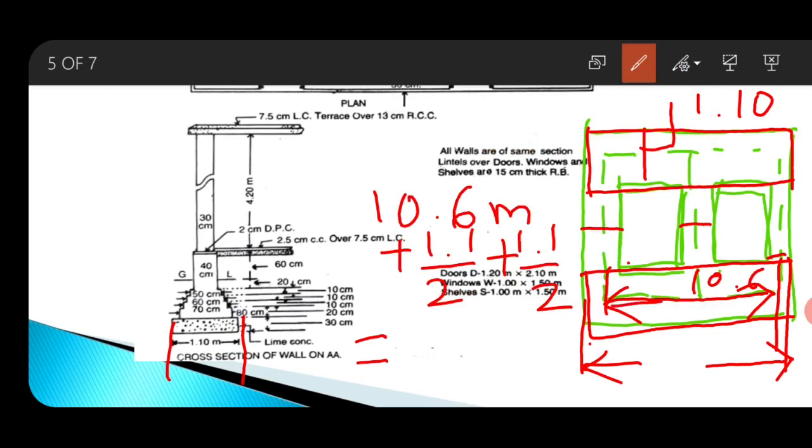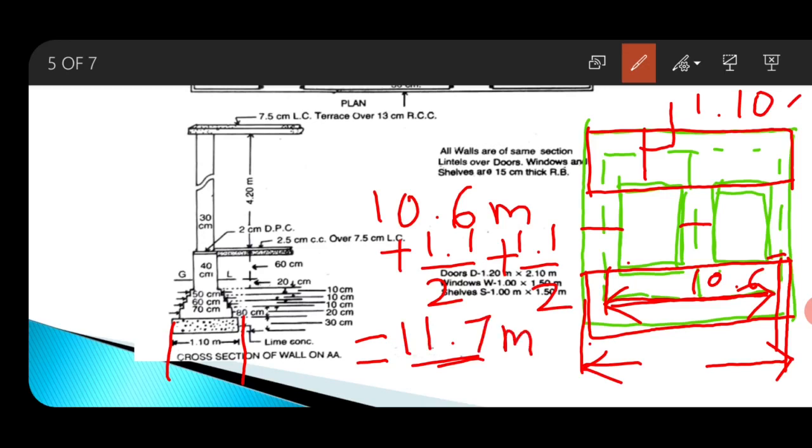That means 10.6 is the center to center length, and with that we will add half of the width of the work, and here the work is earthwork in excavation, and the width of earthwork in excavation is equal to the width of the cement concrete work. So that is equal to 1.1. So here we will add half of the width of 1.1 on one side and half of the width of 1.1 on other side, which will give us the length of the long wall, that is equal to 11.7 meter.